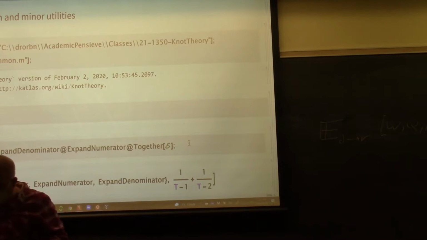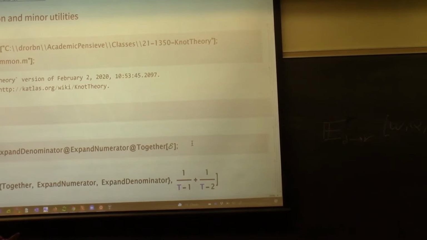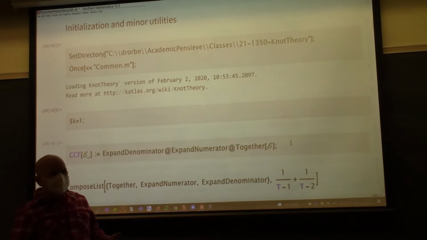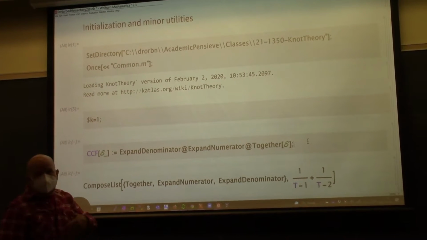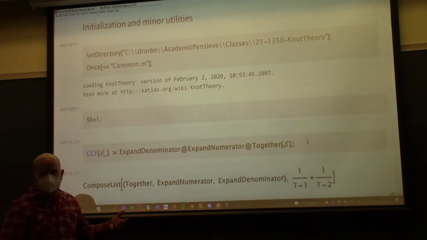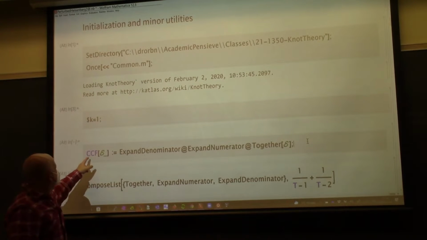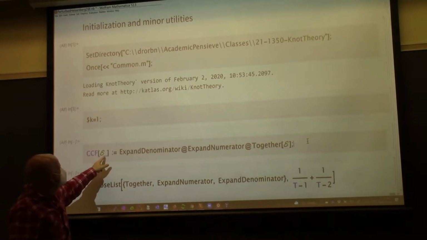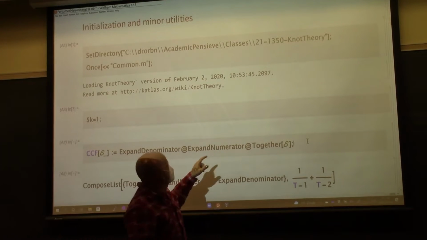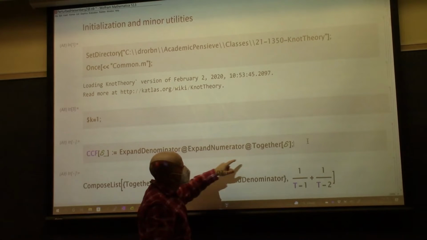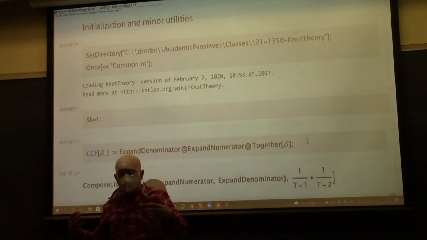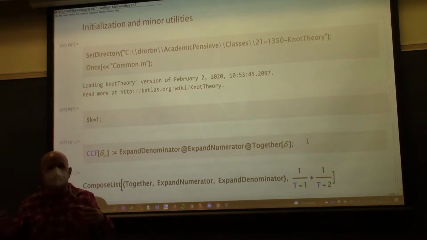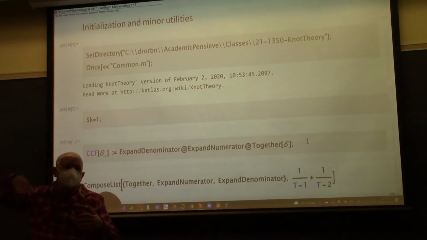But if we want to compare such things, we need to bring them to canonical form. And in particular, we need to bring rational functions to canonical form. So CCF stands for coefficients canonical form, and it's defined as follows: you take an expression E and apply the Mathematica command Together, which means write it as a rational function.